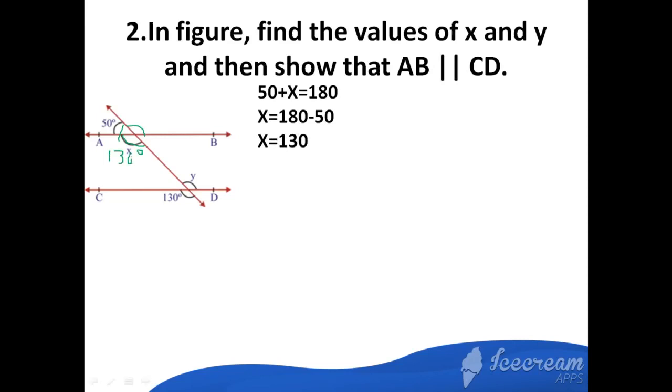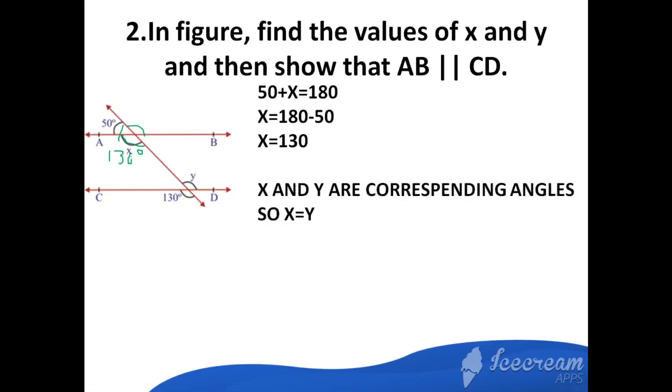Then we want to find y. x and y are corresponding angles, so x equals y. These x and y are corresponding angles because we already studied that. So y is also 130 degrees. Okay, we found x and y.